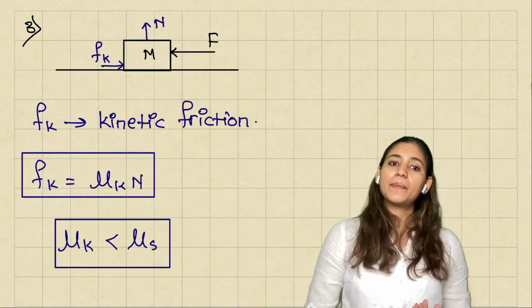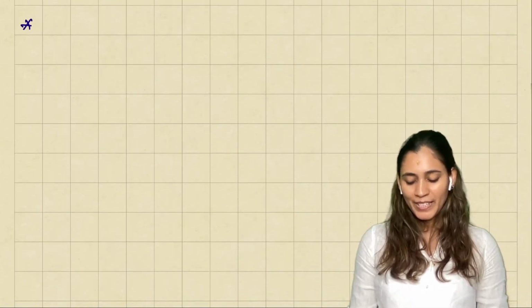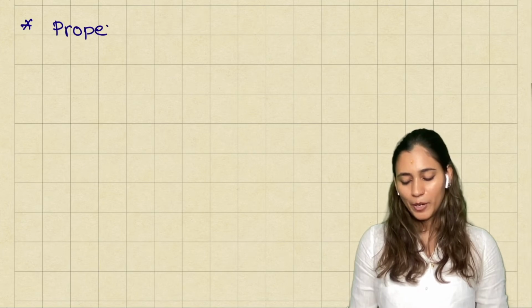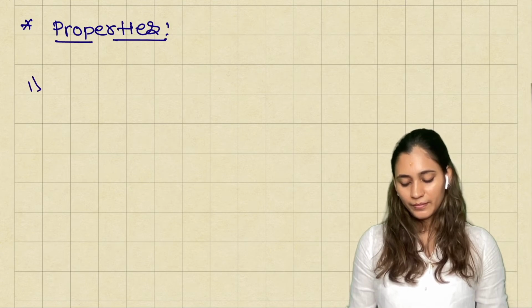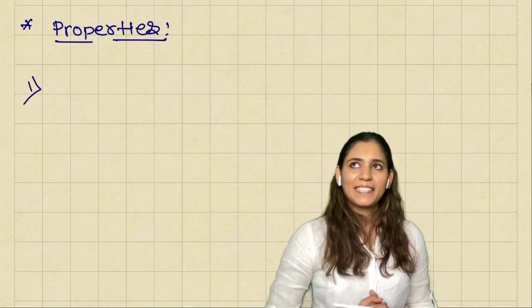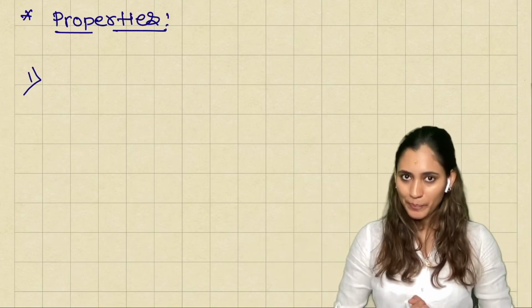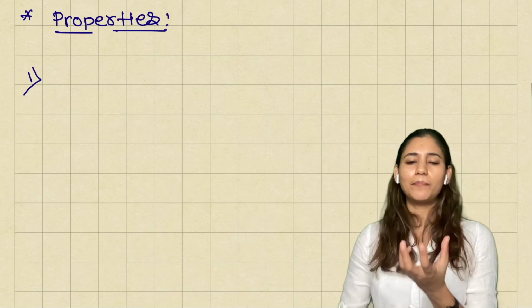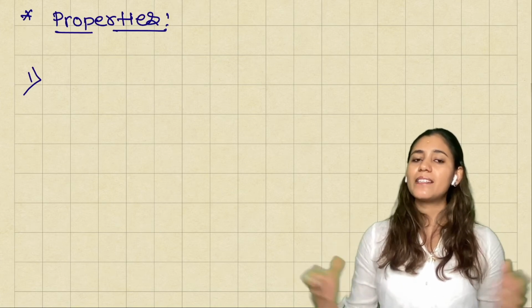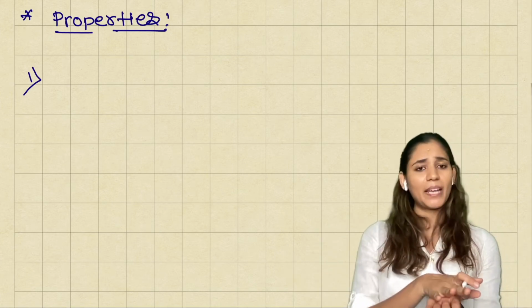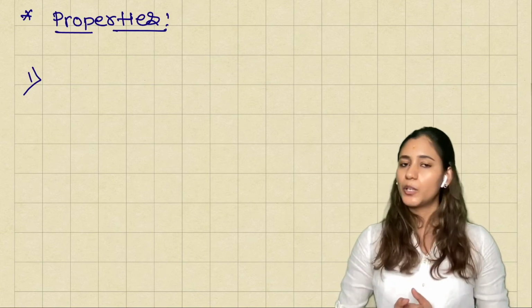Now if we talk about their properties, the first important point that comes to mind is whether the size of the object matters. Suppose we have a block of the same material and everything is the same, except we have changed the size and kept that block on the same surface of the table. Will the frictional force change?